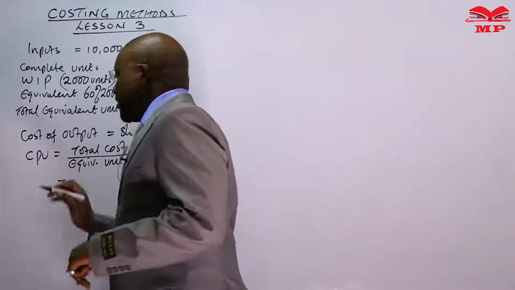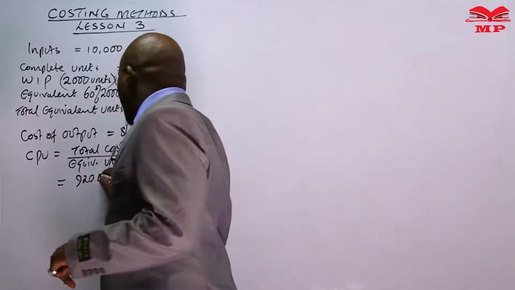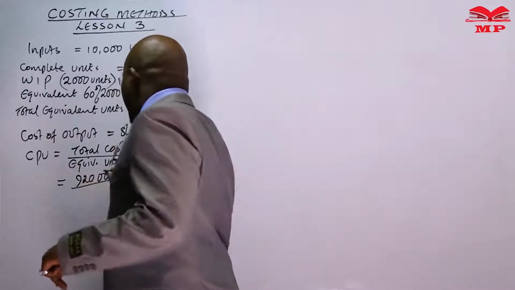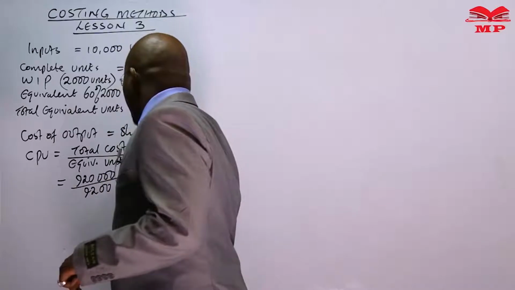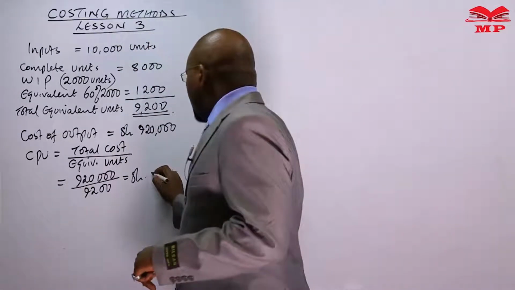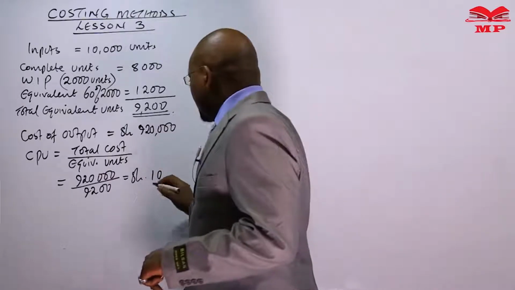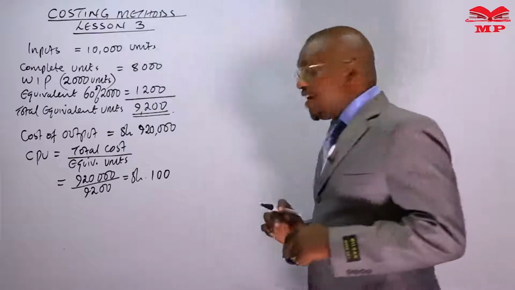The total cost would be 920,000. You divide by the equivalent units, which are 9,200. And this now gives us a cost of shillings 100.